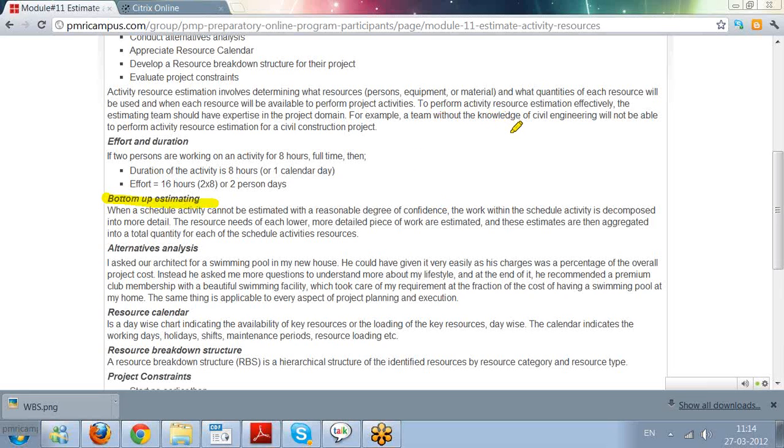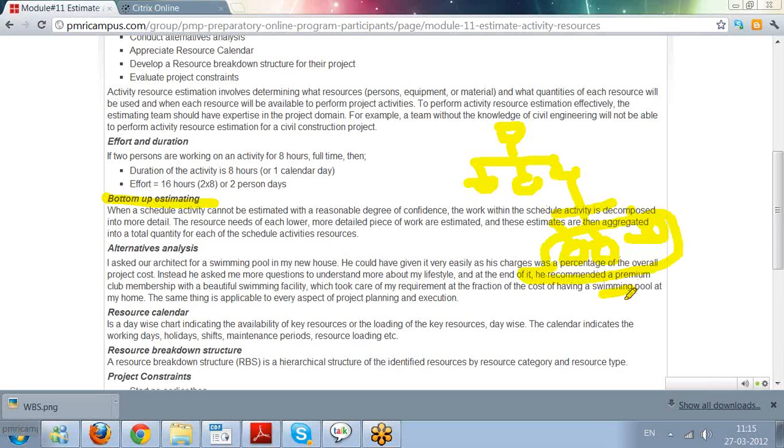Now at this stage we have this WBS, and we have the estimates at the work package level, which is the lowest level in a WBS that we call a work package. If you estimate this part, then I can add up to get the estimates for this.